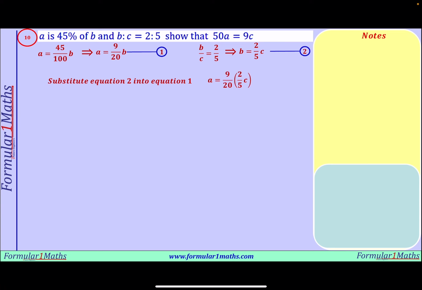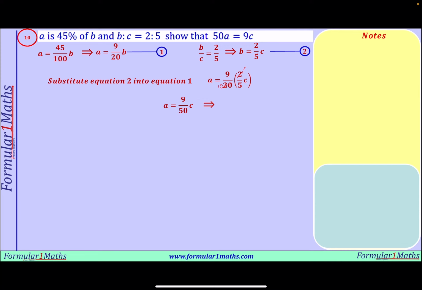And when we do that, we're going to get A is equal to 9 over 20 times 2 over 5 C. We can reduce some fractions here. 2 goes to 1, 2 goes to 10. So we are left with A is equal to 9 over 50 C.